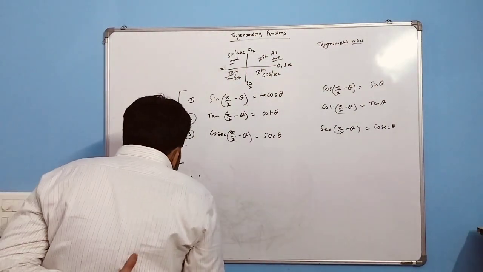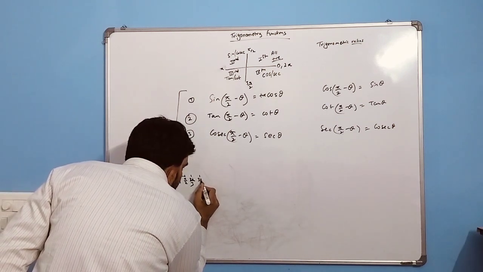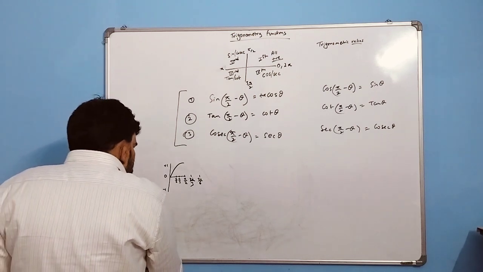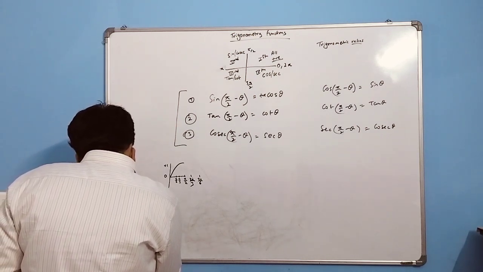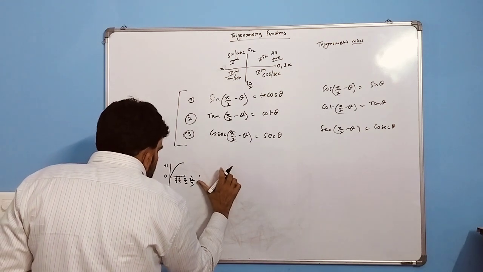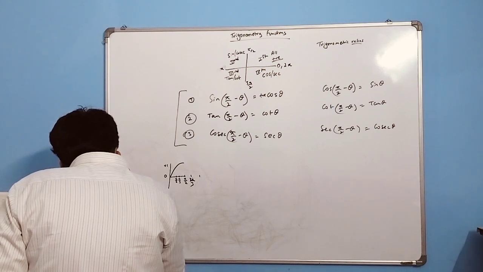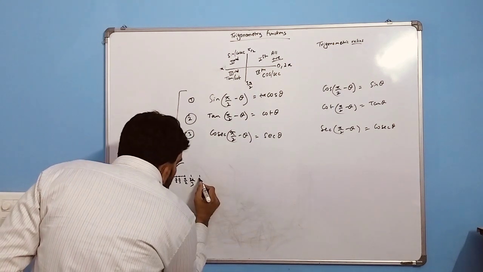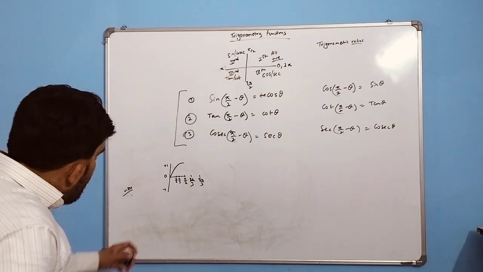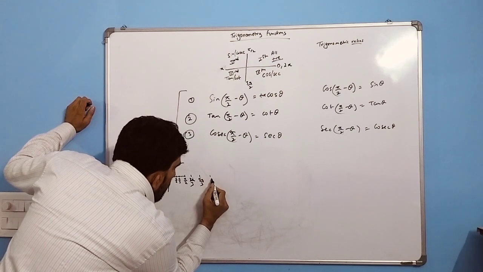Okay, so 150 is there, that is 5 pi by 6. If I want 300, it will be 5 pi by 3. So you can easily understand this. Now here will be pi.